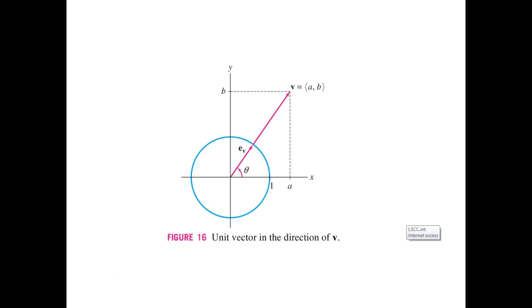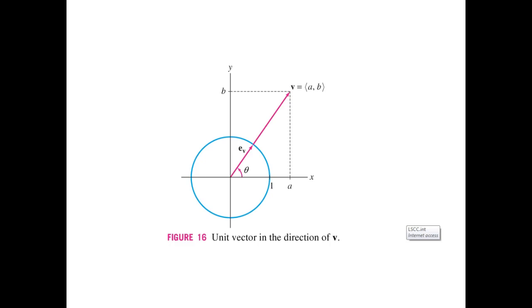There's your vector V. Now, the unit vector in the direction of V would be, of all the unit vectors around that unit circle, the one that's pointed in the same way, that's the unit vector in the direction of V. It has to be a unit vector, and it's in that same direction.